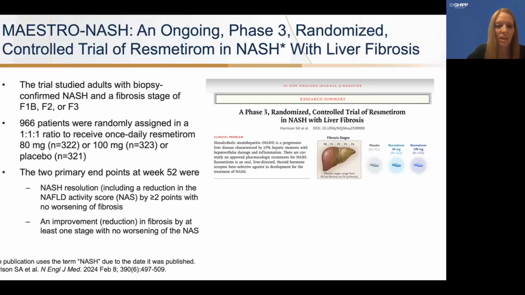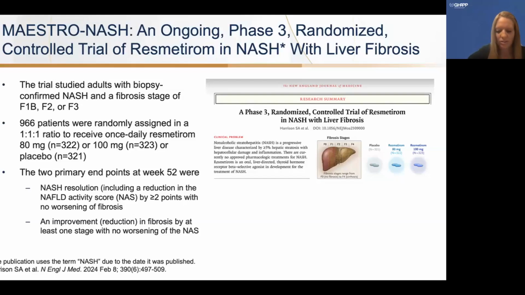And the two primary endpoints that they were looking to achieve at 52 weeks were NASH resolution, including a reduction in the NAFLD score by greater than 2 points with no worsening of fibrosis, and secondly, an improvement or reduction in fibrosis by at least one stage with no worsening of the NASH.